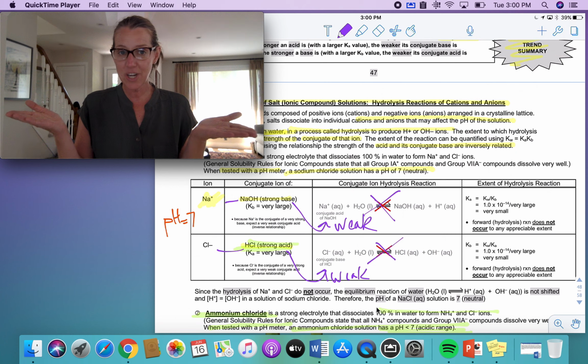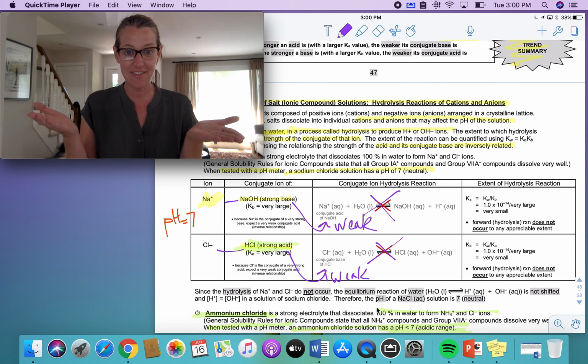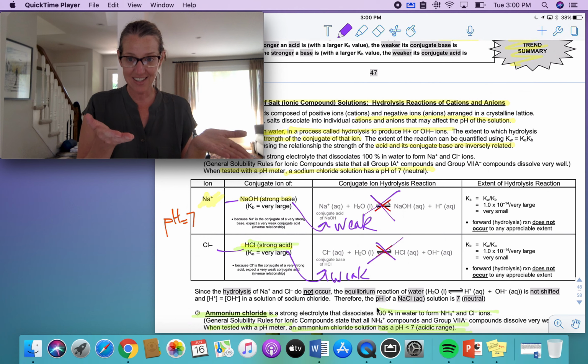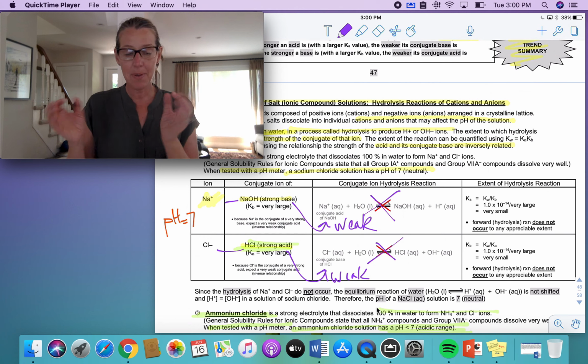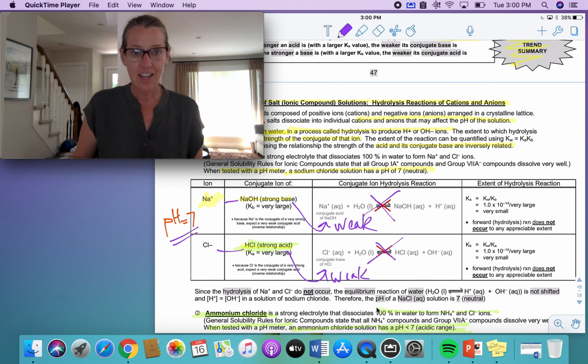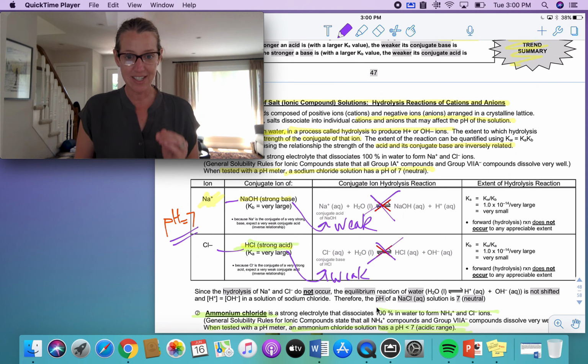And so when you reach an equilibrium, when you reach the neutralization point of these reactants, you will end up with a pH of 7 at that neutralization point. Okay? Why?